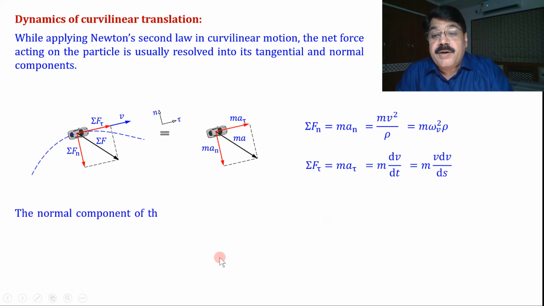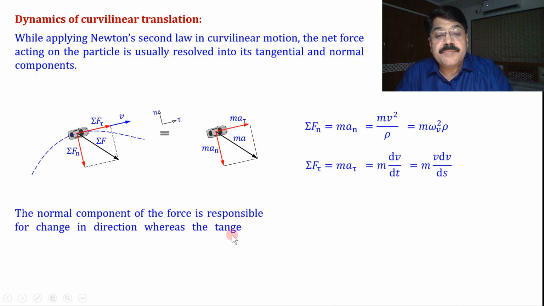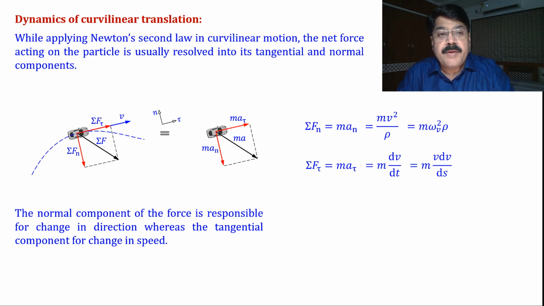The normal component of the force is responsible for change in direction, whereas the tangential component is for change in speed. I'm again specifying this thing. The normal component is for change in direction. It means if a particle or a body is moving in a curvilinear path, it must have normal component acceleration, but it may or may not have tangential component acceleration.